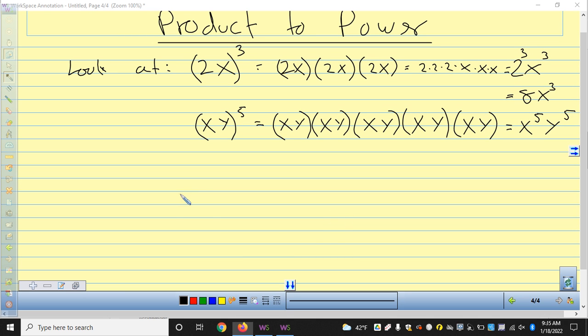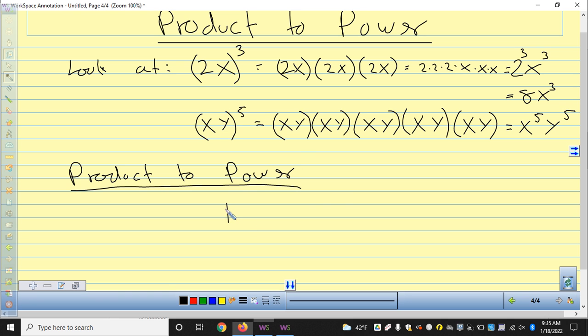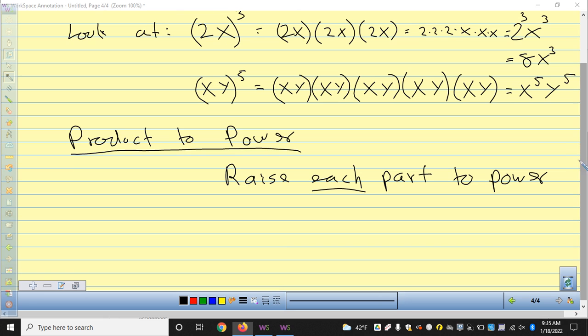So that's going to be our rule. So for our product to a power, we're going to raise each part to the power, and we multiply.